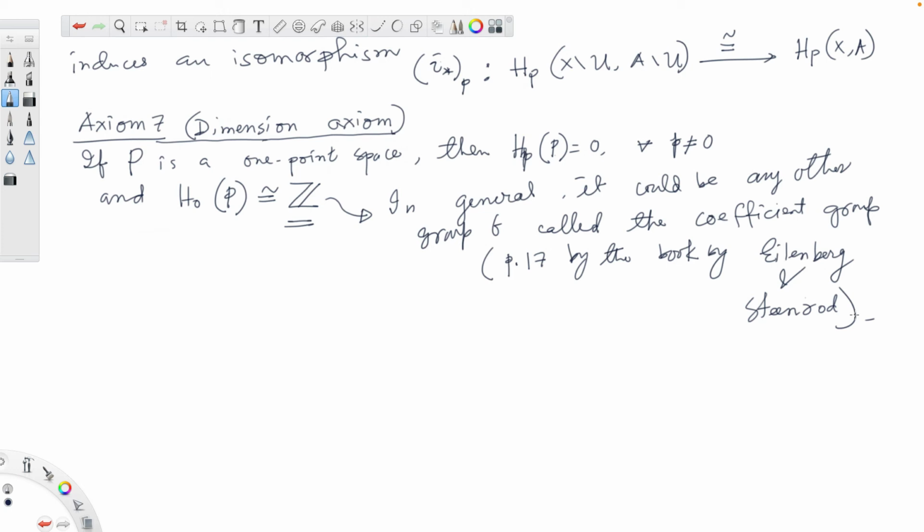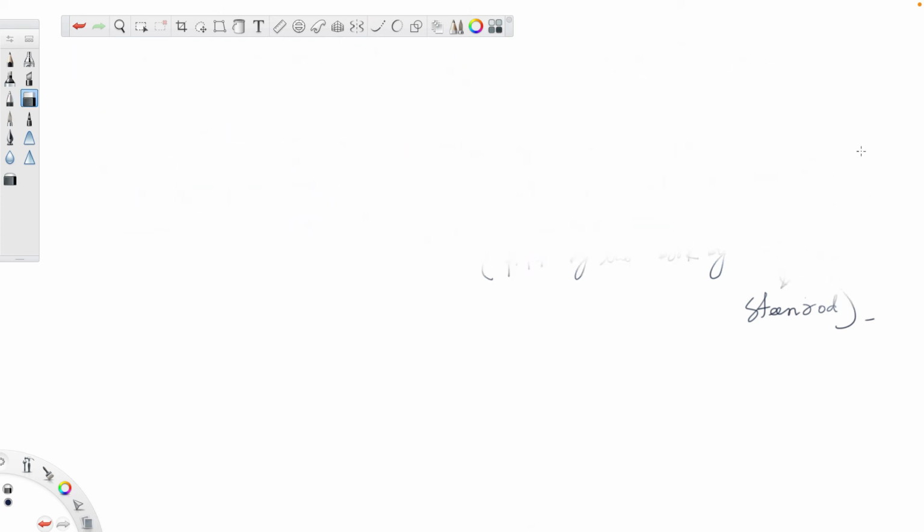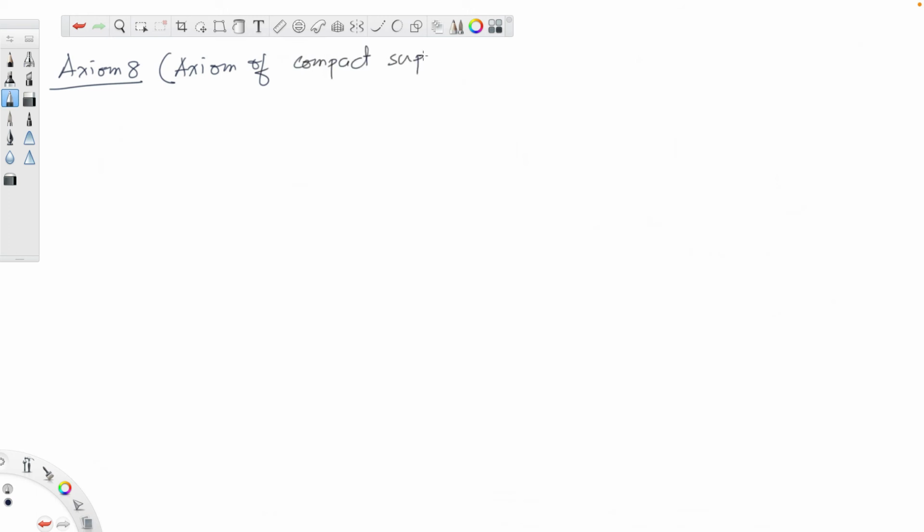Now we are going to state axiom 8, which is called the axiom of compact supports.